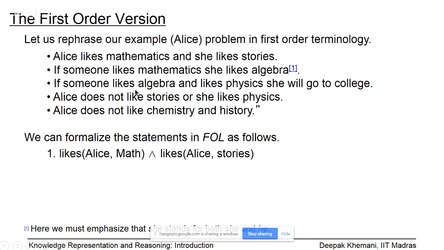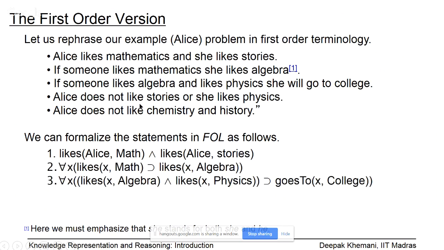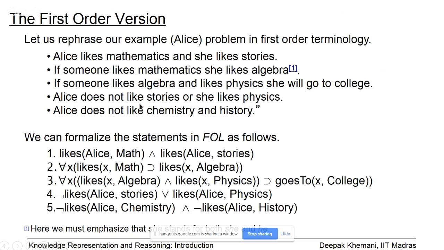The first order version of this story about one student has these sentences. Alice likes maths and she likes stories is represented by likes Alice maths and likes Alice stories.